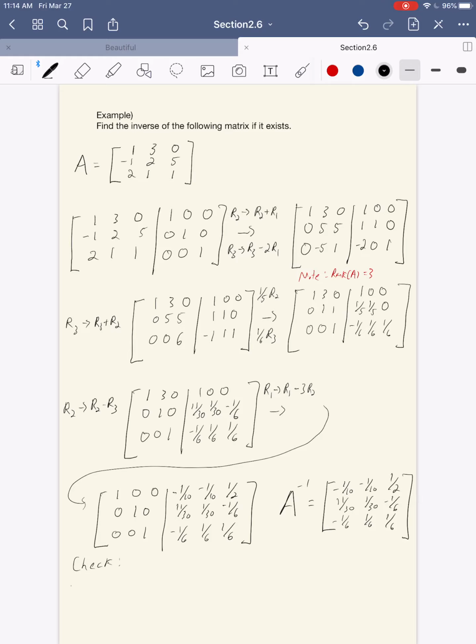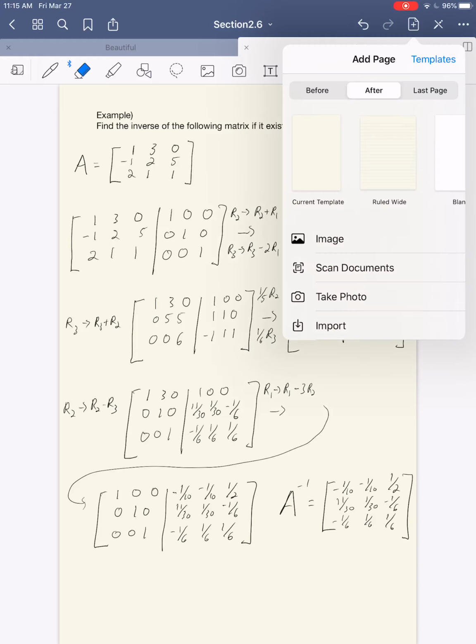If we take A and we do 1, 3, 0, minus 1, 2, 5, 2, 1, 1, and we multiply it with our inverse, minus 1/10, minus 1/10, 1/2, 11. I feel like we should probably do this on a separate page. Yeah, that's probably a good idea. So we'll add an extra page on here.